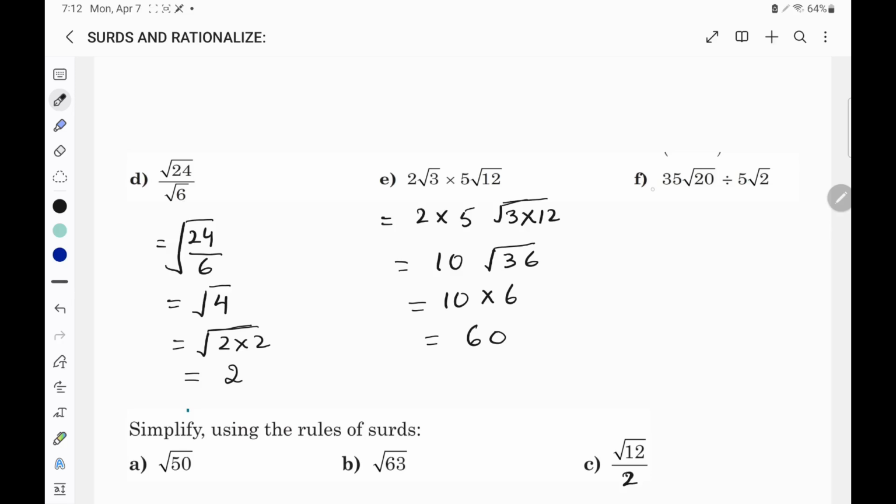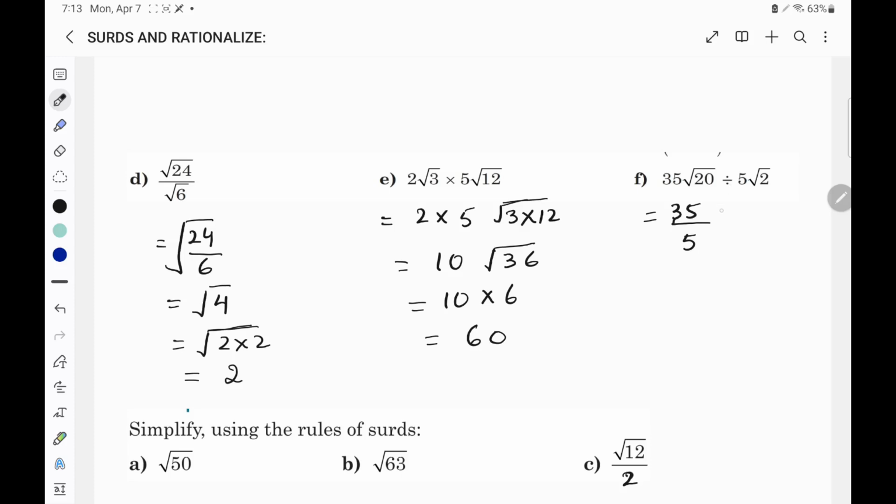Okay, now part F. Part F question is 35 square root 20 divided by 5 square root 2. Like we did in the previous one, where we multiplied integer to integer and surd to surd, here in this question we divide the integer by the integer, and we divide the surd by the surd.